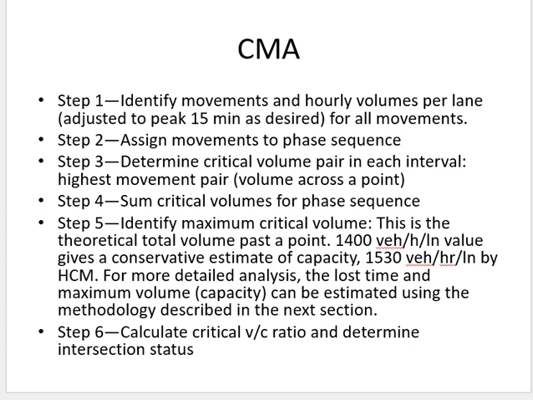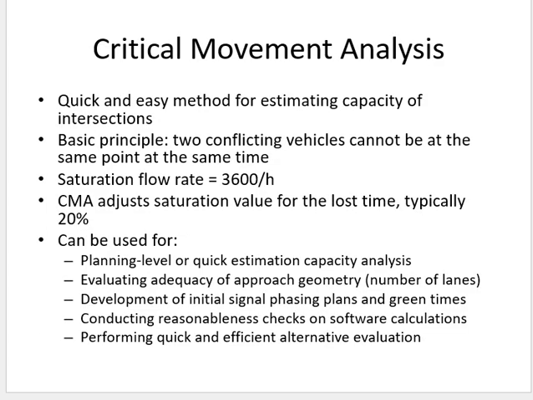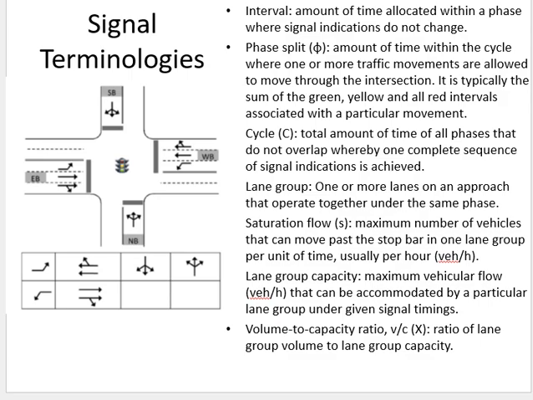Step number 1 was to identify movements and the volume for every movement. That has already been done. Which movements are there and how much volume you can expect for each movement, that has been done. Assign movement to the phasing sequence, that has already been done as well. They already made the phasing plan as well.